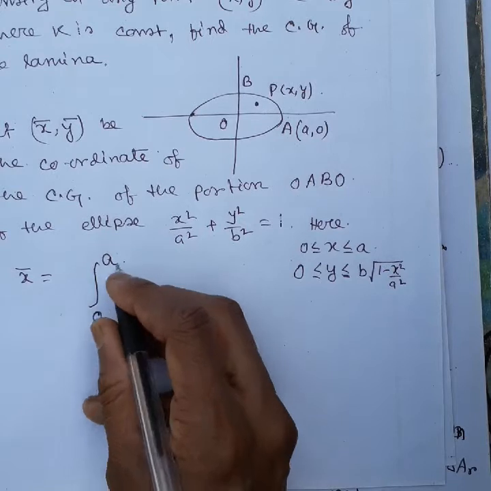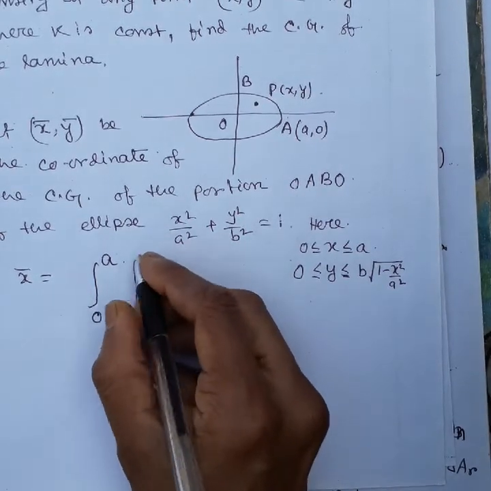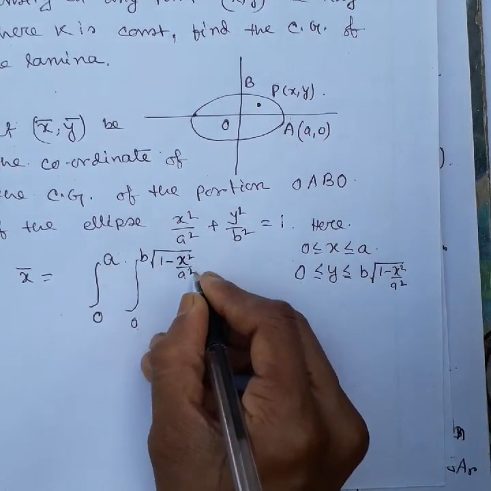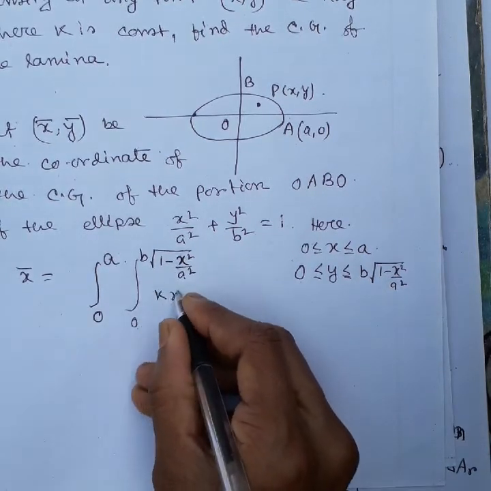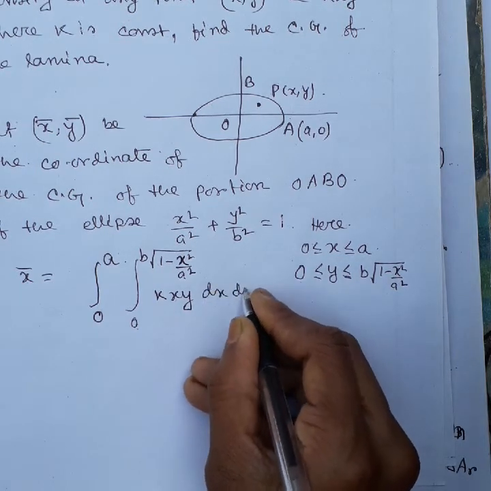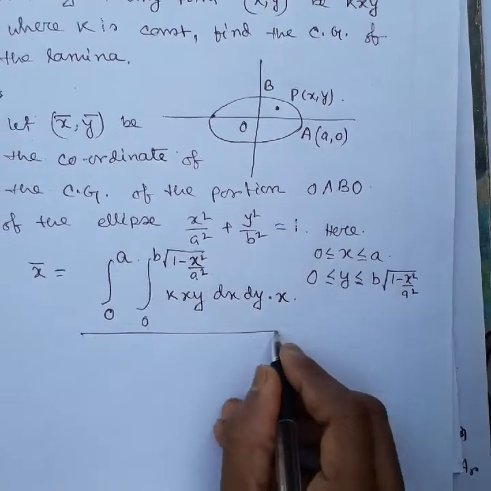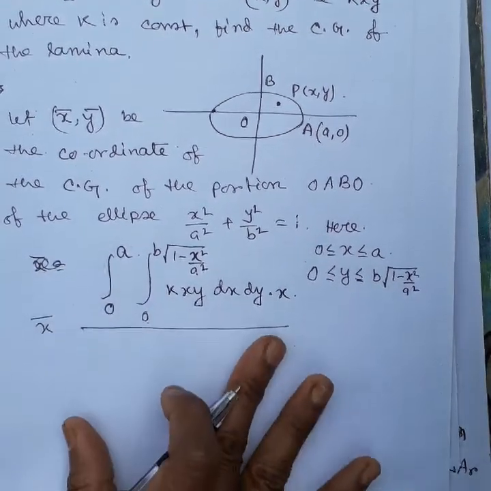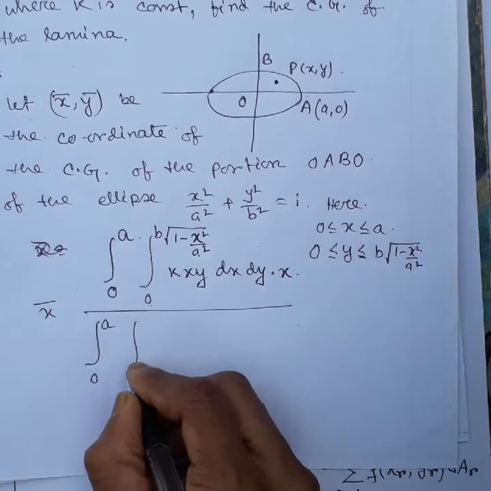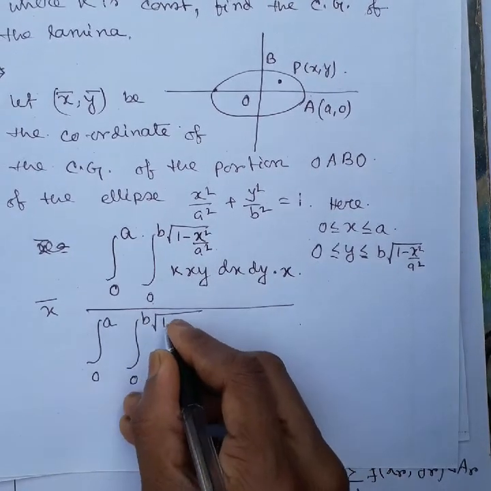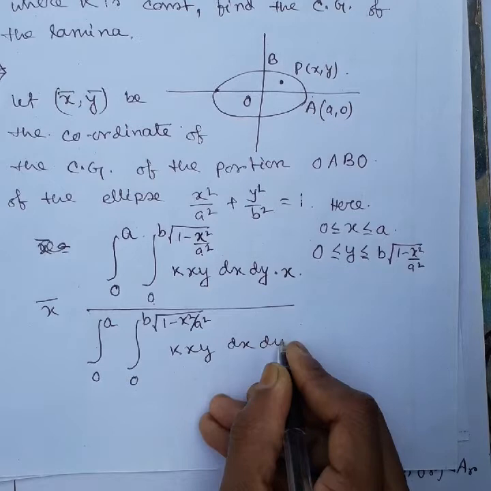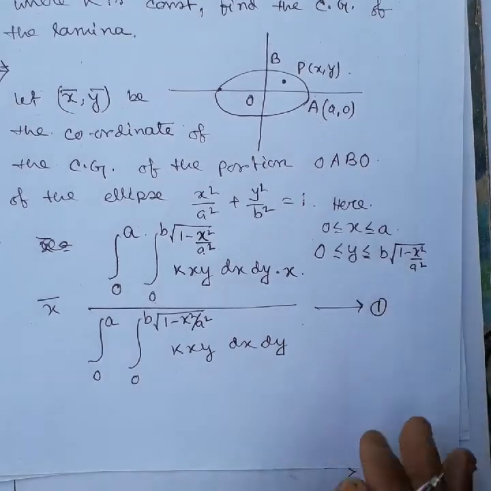So integration from 0 to a and 0 to b into root over of 1 minus x square by a square kxy dx dy into x, by integration of 0 to a, 0 to b into root over of 1 minus x square by a square kxy dx dy. Okay, this is the value of x bar.